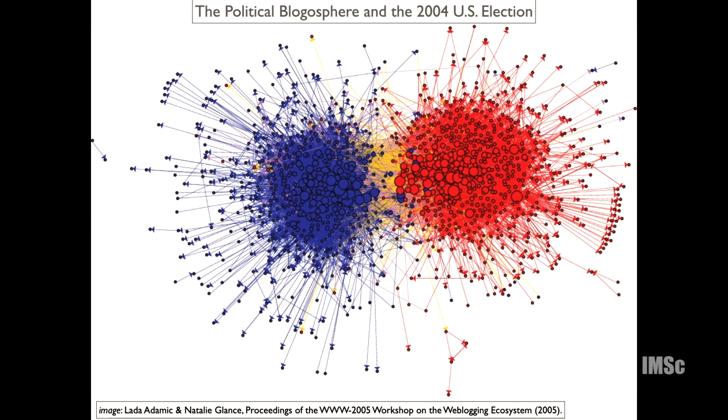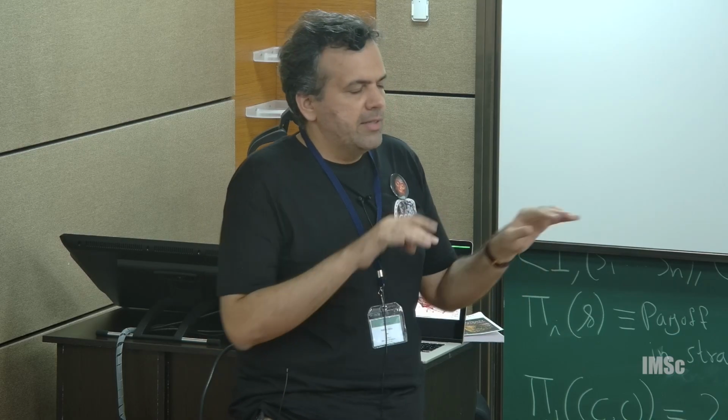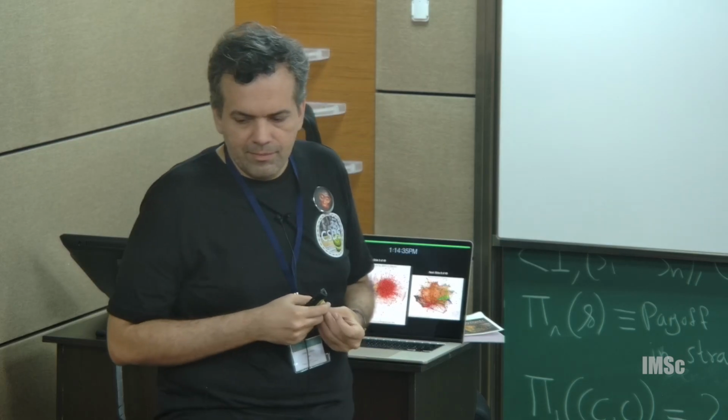So the link basically means that if you're writing a blog post and you're mentioning something, you give a link to somebody else who mentioned this. Say somebody mentions something about this particular election, and you give a link to that. Then shouldn't you link to your opponents more?